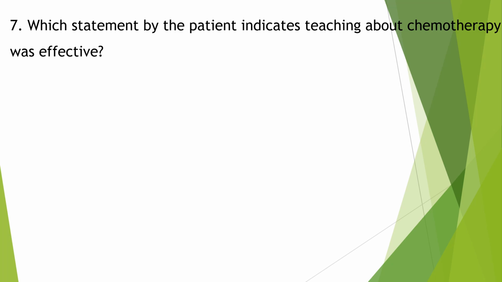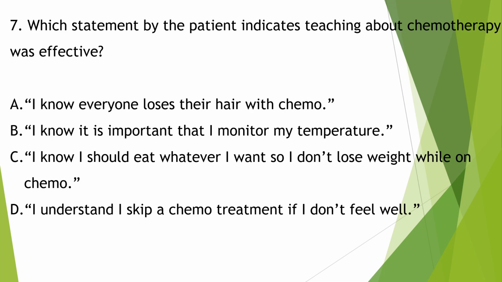Which statement by the patient indicates teaching about chemotherapy was effective? I know everyone loses their hair with chemo. I know it is important that I monitor my temperature. I know I should eat whatever I want so I don't lose weight while on chemo. I understand I skip a chemo treatment if I don't feel well.